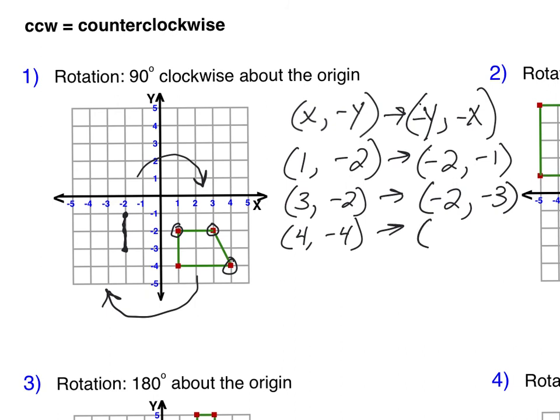Again, this is only because it's a 90-degree clockwise rotation. So we switch places, and the second value changes sign. It just so happened that they were both 4s. One of them was already negative, but that negative 4 moved to the x value, and the positive 4 changed to a negative 4 when it became the y value. So I'm going to go left 4 and down 4.